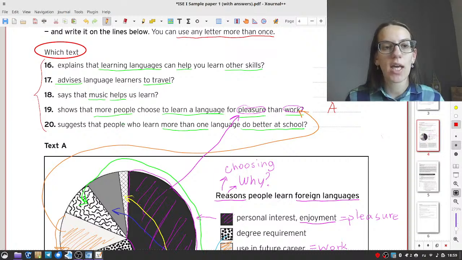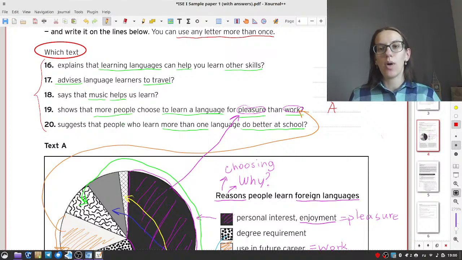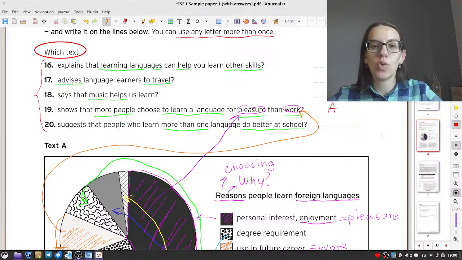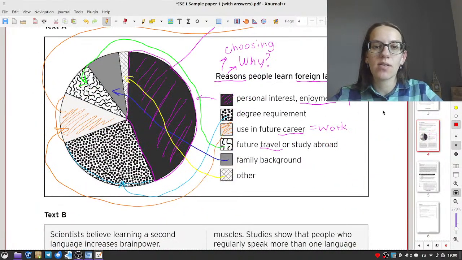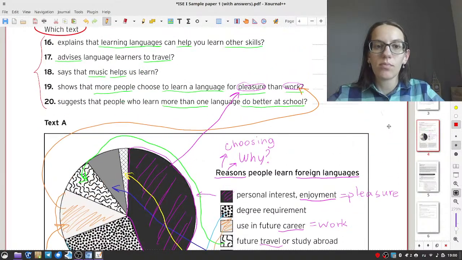So let's check 20. Which text suggests that people who learn more than one language do better at school? Well, there's nothing about doing better at school in this text. It's just about the reasons why people choose to learn foreign languages.